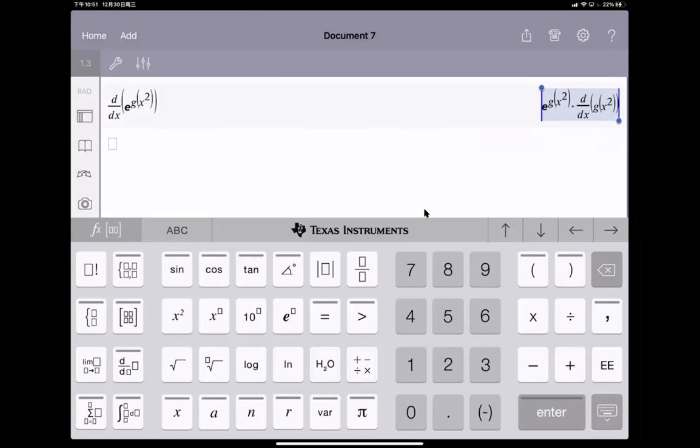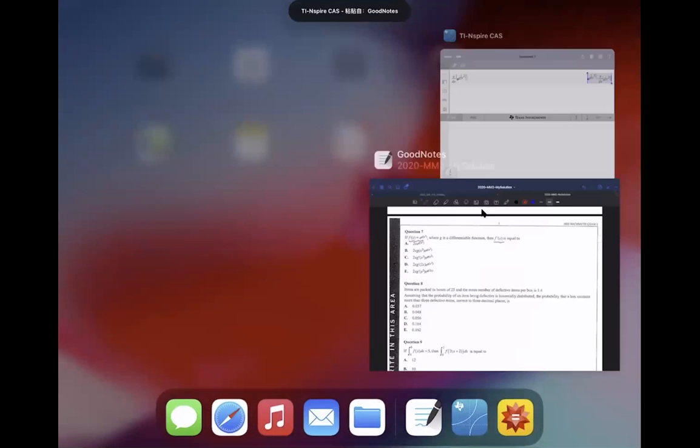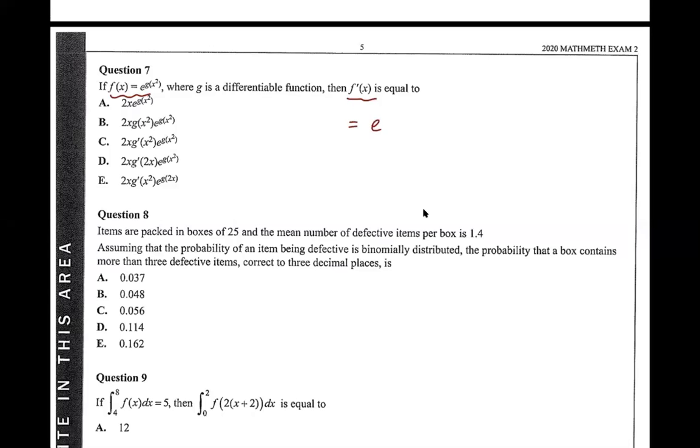From chain rule, you can write it as e gx squared times the derivative of g of x squared, which means e gx squared times 2x times g dash x squared. So the correct answer should be C.